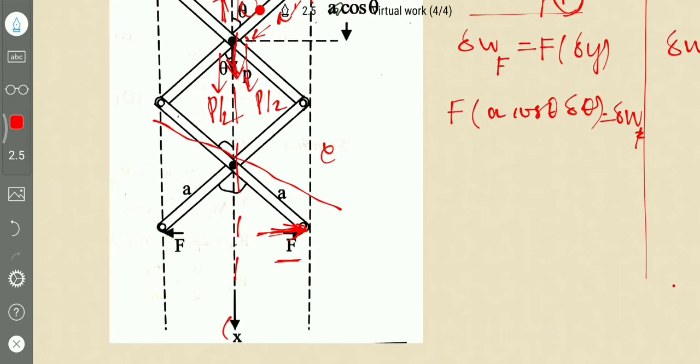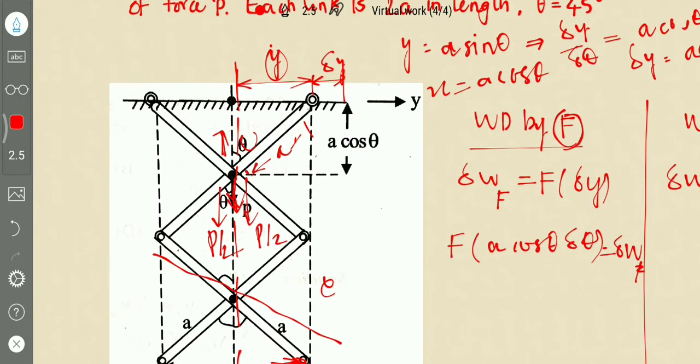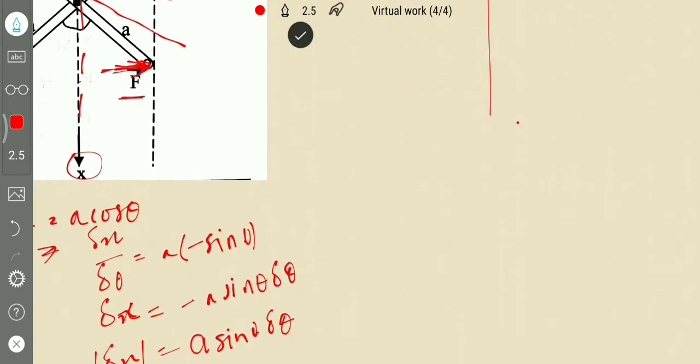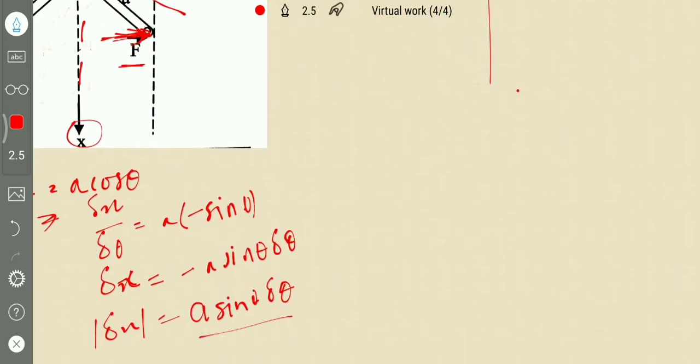So this is the x direction, right? X is equal to a cos theta, and this moves upwards, so it becomes like this, and this distance is delta x. So we have found out the delta x value as a sine theta del theta.